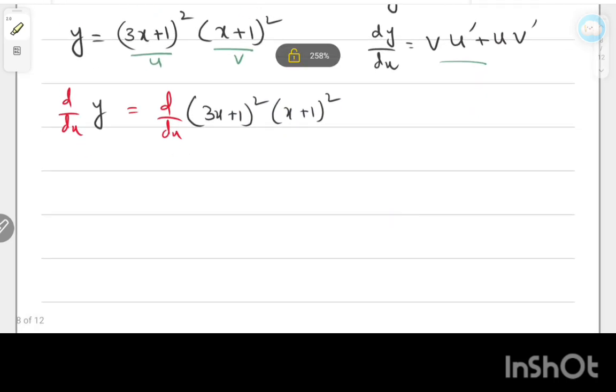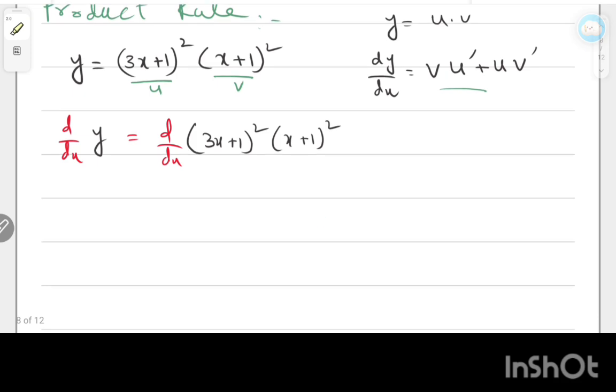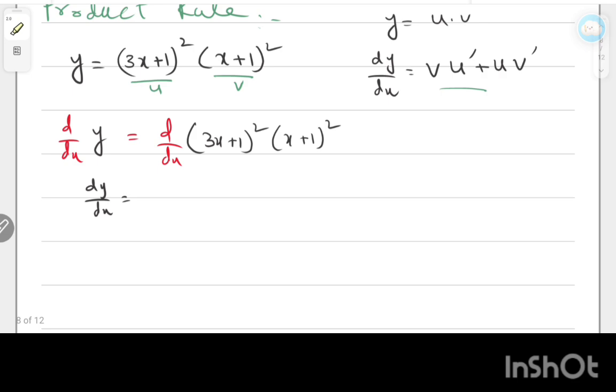Now, moving further, this is dy by dx, and this will be: we write v first, the second function, (x plus 1) square, times the derivative of the first function, (3x plus 1) square, plus u. What is u? U is (3x plus 1) square.